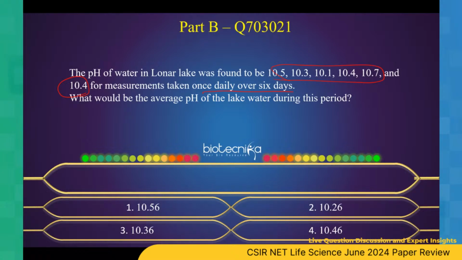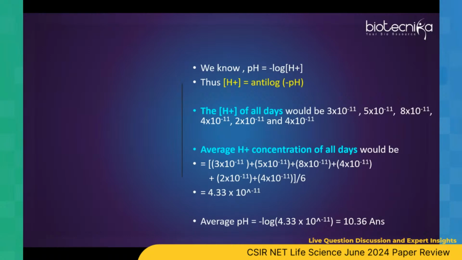You can't take the average of the pH values. What you have to do is first calculate the hydrogen ion concentration. pH plus pOH is 14, but you have a lot of pH values given, so how is this going to work? That's why this question was tricky, even though it is a part B question. We know that pH is minus log of H plus ion concentration.